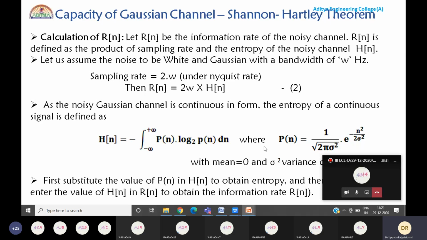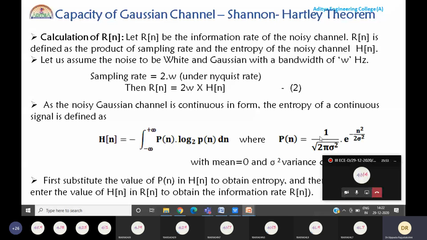Okay, so now we obtained the H of n expression, where we have replaced the summation with integration, and we have already assumed P of n as the probability of the noisy channel.